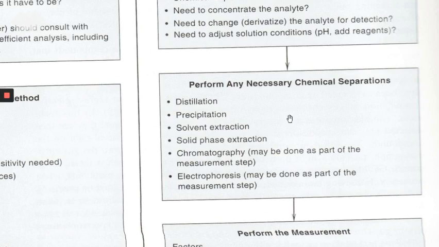So you might use a certain method to remove the compounds that you don't want. You may use distillation, precipitation, or solvent extraction. You have to choose a specific solvent to extract the compound, or you might use solid phase extraction, chromatography, or electrophoresis. This may be done as part of the measurement steps.